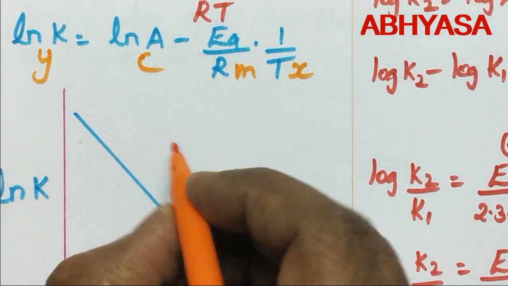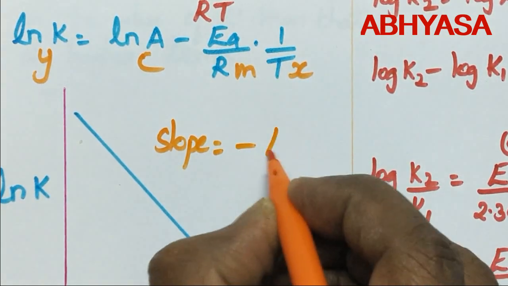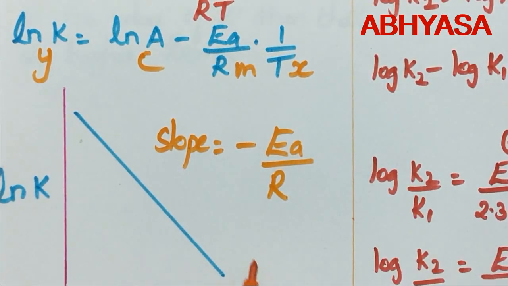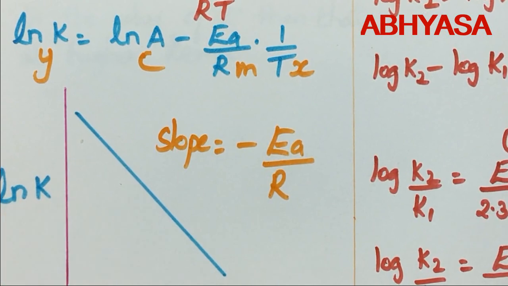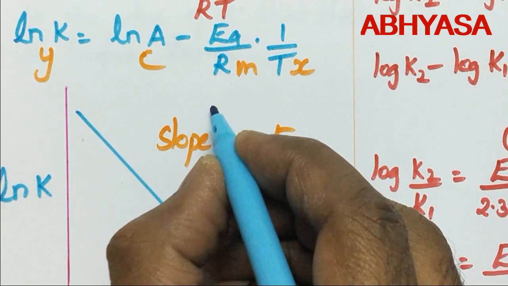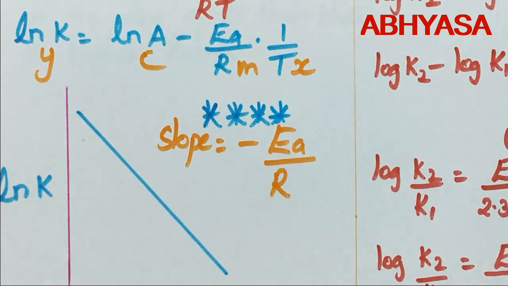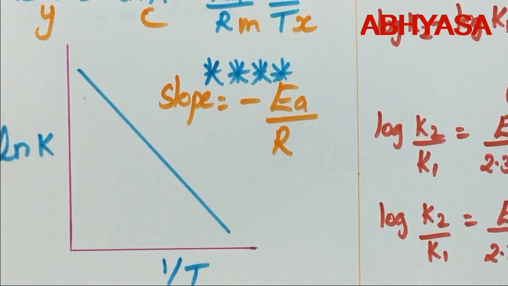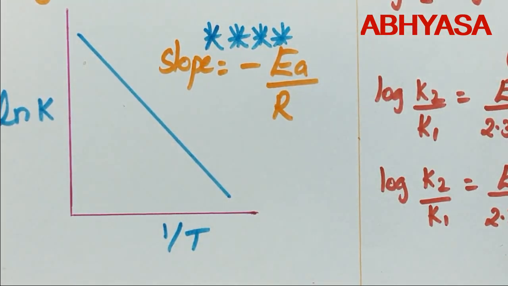So the slope of this plot is minus EA by R. So the slope of the curve drawn between log k and 1 by T is minus Ea by R, and this is one of the very important graphs in the entire chemistry. So the slope for the plot drawn between log k and 1 by T is equal to minus Ea by R.